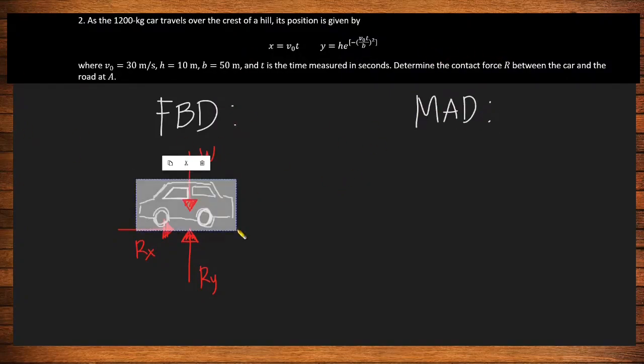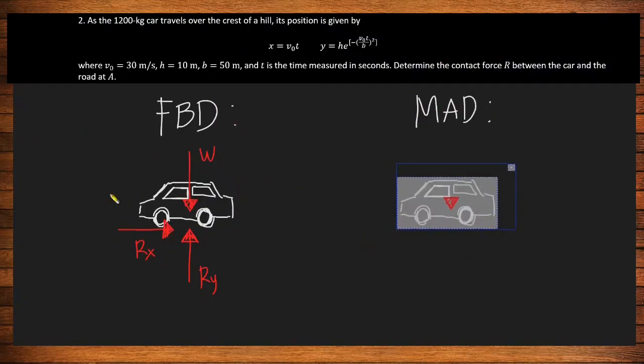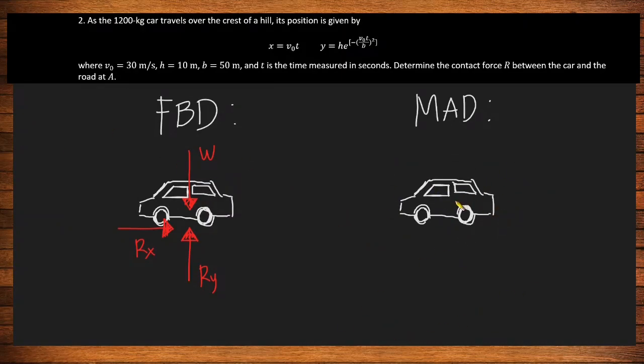And then for our mass acceleration diagram, ilalagay natin yung inertia vectors natin. Again, yung component ng acceleration natin along the x direction will be equal to 0. So, magiging 0 lang to. And then, yung component naman ng acceleration natin along the y direction, alam natin na that is downward yung direction niya.